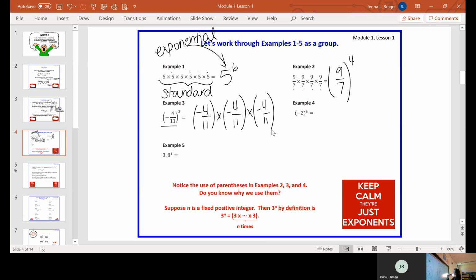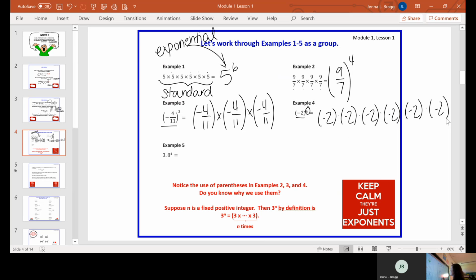Example 4, my base is negative 2. I multiply that 6 times. Our last example is a decimal, 3 8/10.